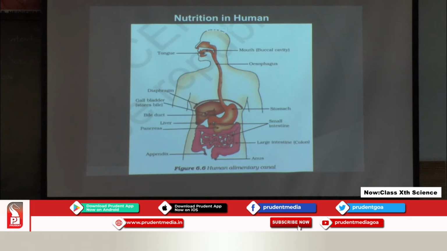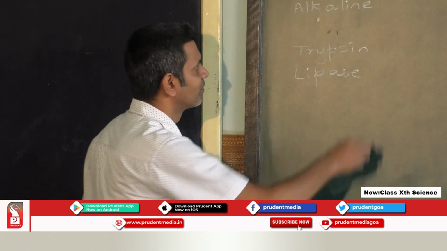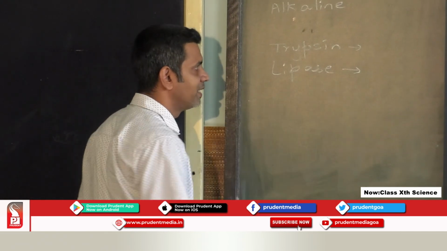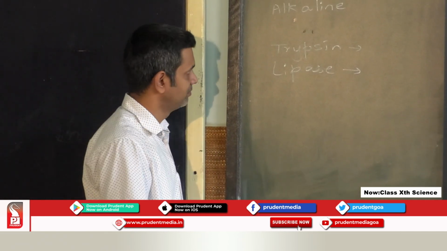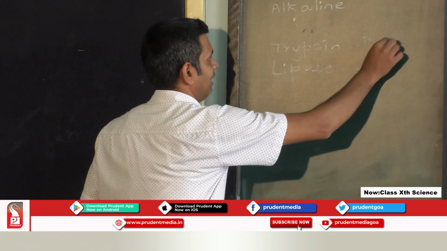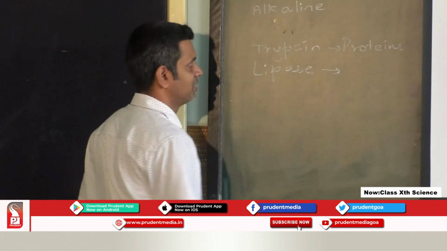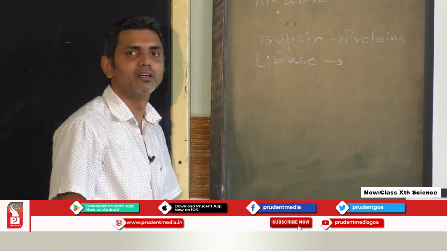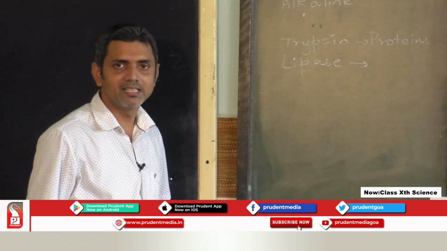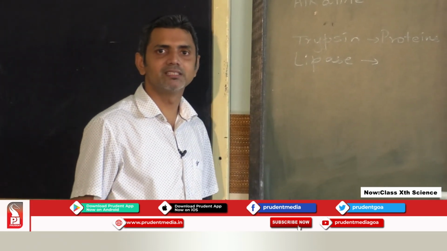Okay. Next, pancreas secretes pancreatic juice, and pancreatic juice consists of two enzymes, trypsin and lipase. Trypsin digests proteins and this happens in the small intestine. We have seen earlier two enzymes, salivary amylase and pepsin.